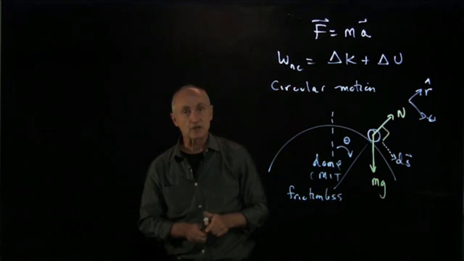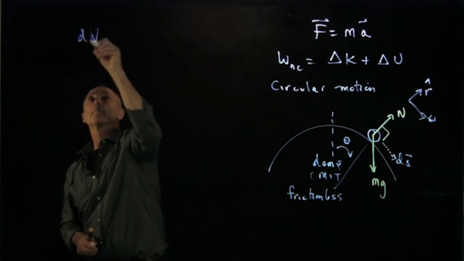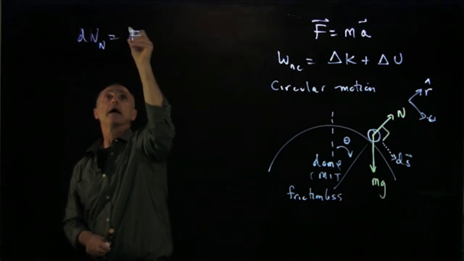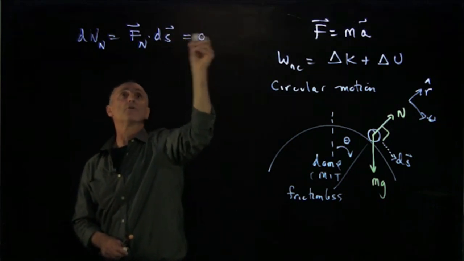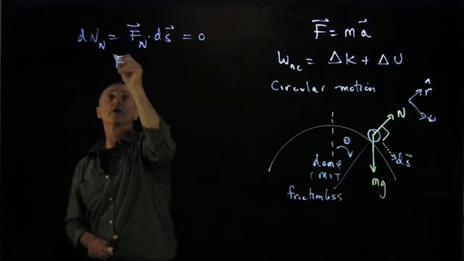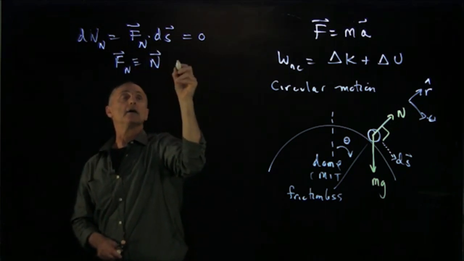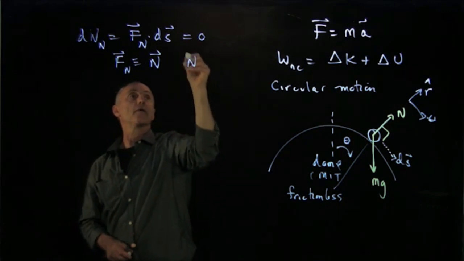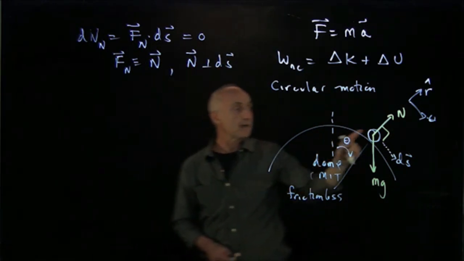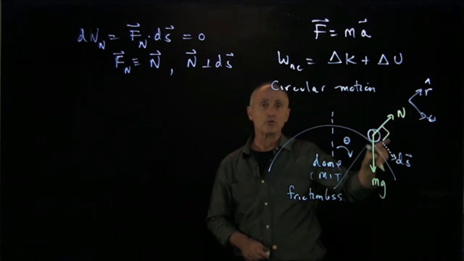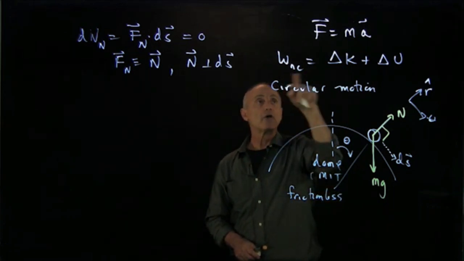What that means is that the work done by the normal force, F normal dot ds, is 0, because the normal force is perpendicular to the displacement. So all information about the normal force is not included in the energy principle.